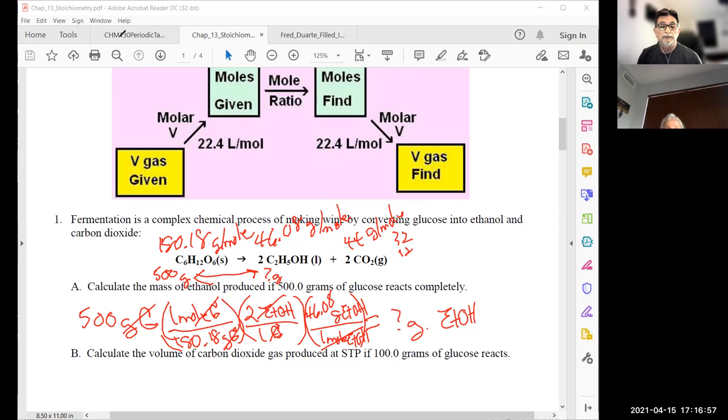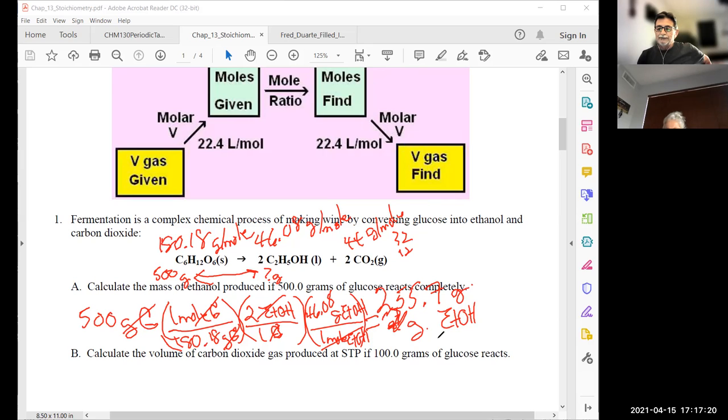I come up with 255.7 grams. 255.7 grams.